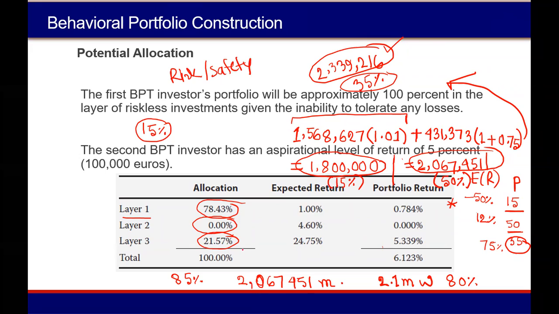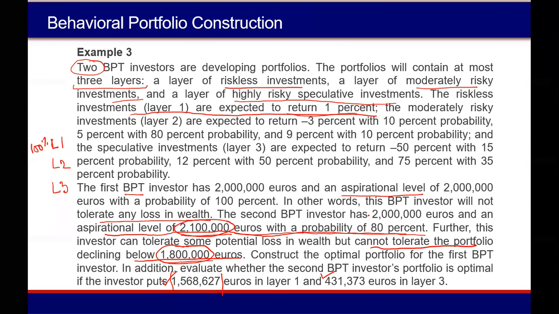No, sir. But we can make sure that in at least 85% of cases, he will have at least how much wealth? 2.067451 million wealth. So we see that his aspirational level cannot be met perfectly.